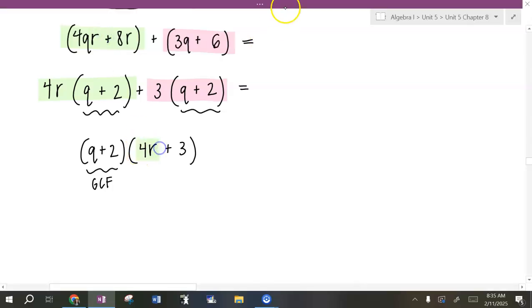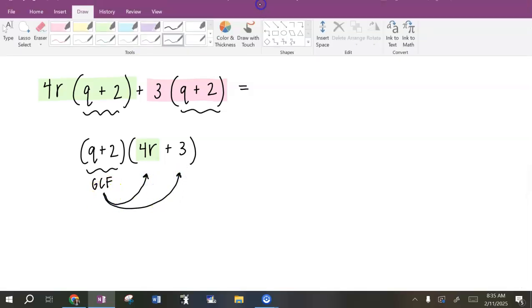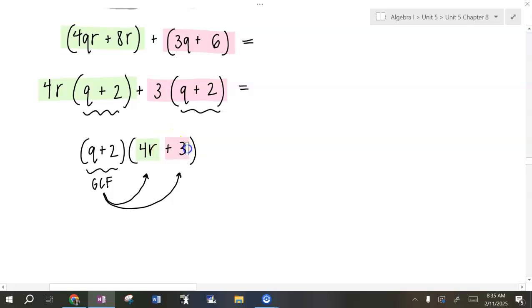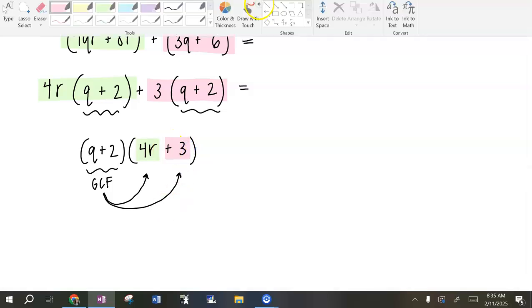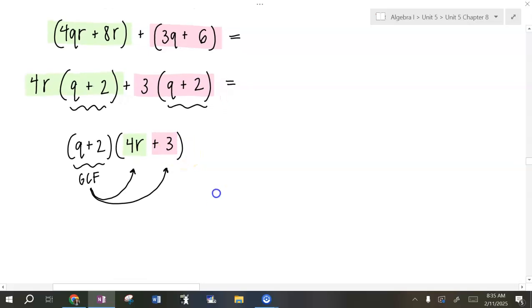It was multiplied by 4R in the first group, and it was multiplied by a positive 3 in our second group. Now you take a look, can 4R and 3 be factored anymore? No, so you know that you are finished.